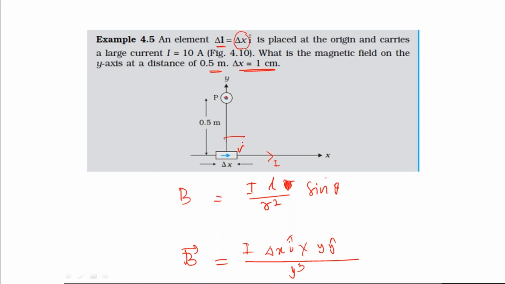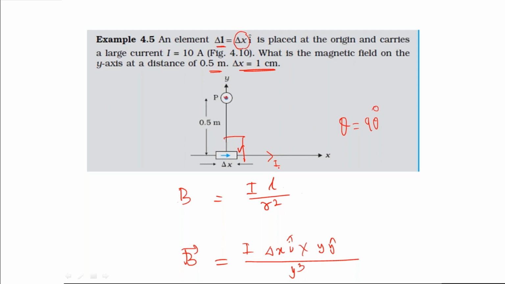In this case, look, this is the point P. What is the angle between this? This is x and y, so this angle is 90 degrees. Now theta is 90 degrees, so sine theta is 1, and the magnetic field will be actually maximum at this particular point.